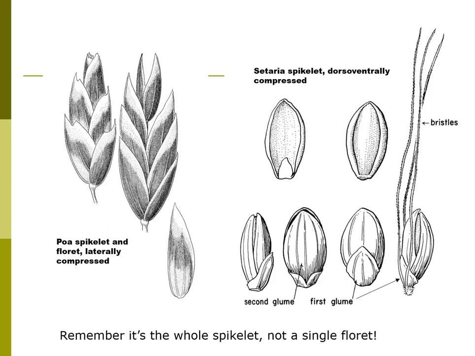And if you were to lay that whole spikelet down on the table, it would fall on one side or the other. Now on the right, we've got a foxtail spikelet, and it is dorsoventrally compressed. So if you were to lay that on the table, it would rest naturally on its belly or on its back.